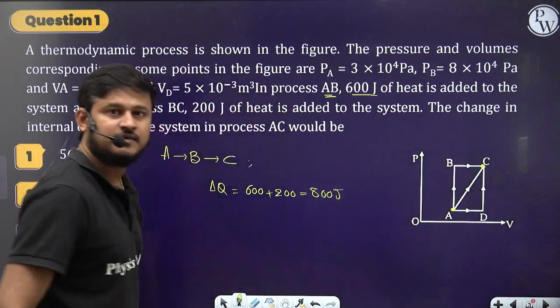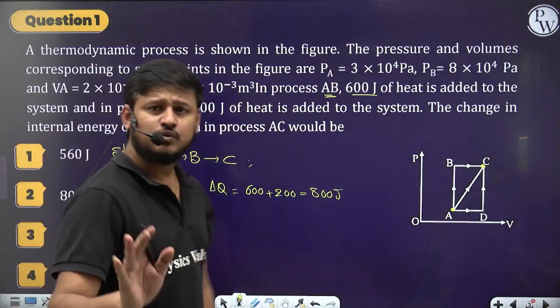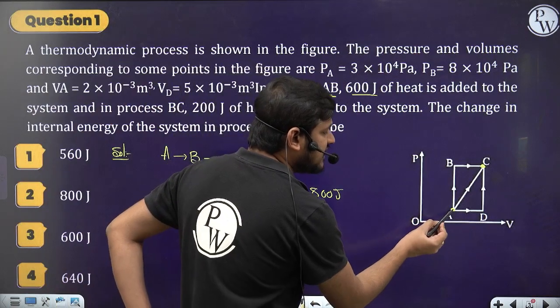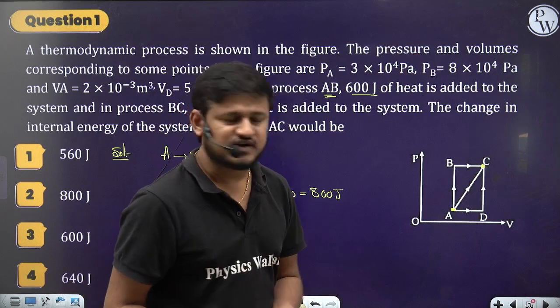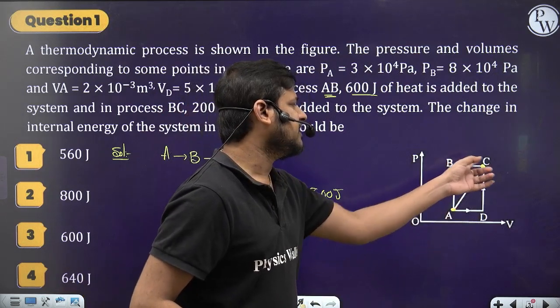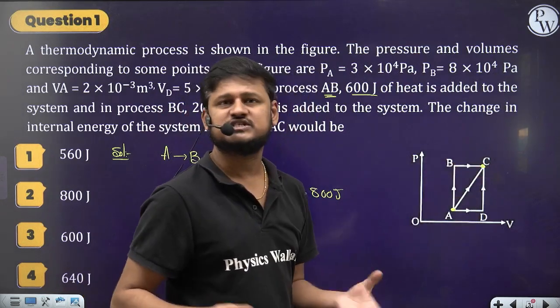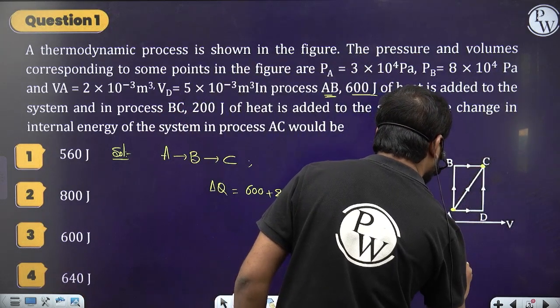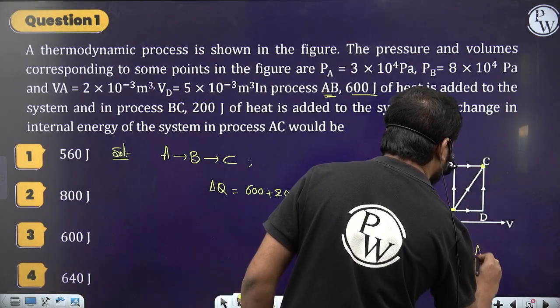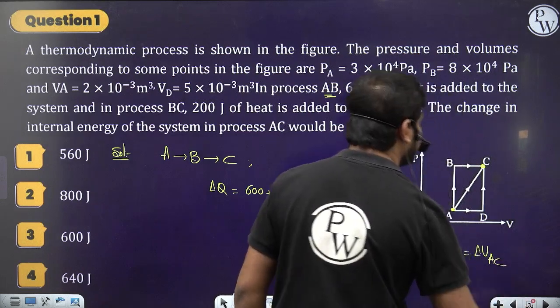Then I need the internal energy from A to C. The internal energy is a state function. Either you take it from ABC or from AC, it's going to be the same.